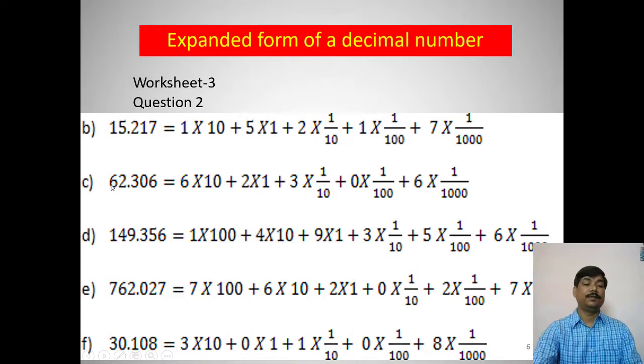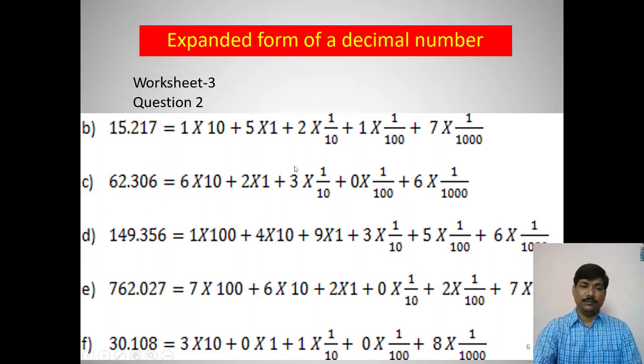Now in this number, 6 is at the 10th place, so 6 multiplied by 10, plus 2 multiplied by 1 because it is at the 1st place, plus 3 multiplied by 1 upon 10 because it is at the 10th place, plus 0 multiplied by 1 upon 100 because 1 upon 100 is the place value of the 100th place, plus 6 multiplied by 1 upon 1000 because 6 is at the 1000th place.